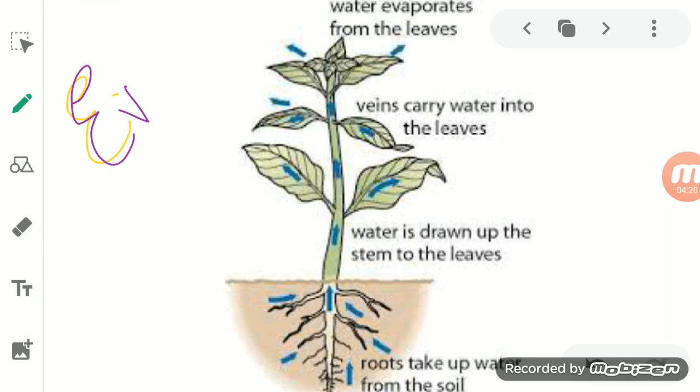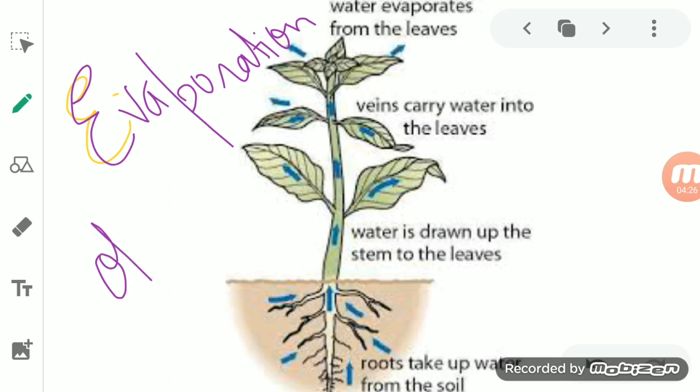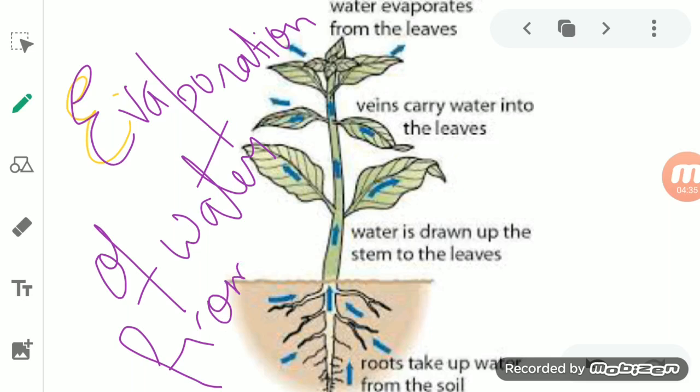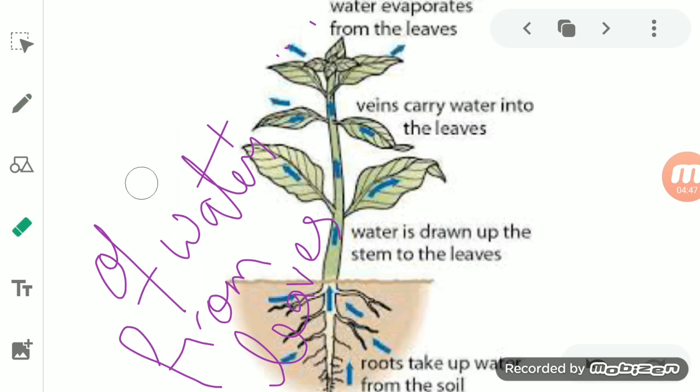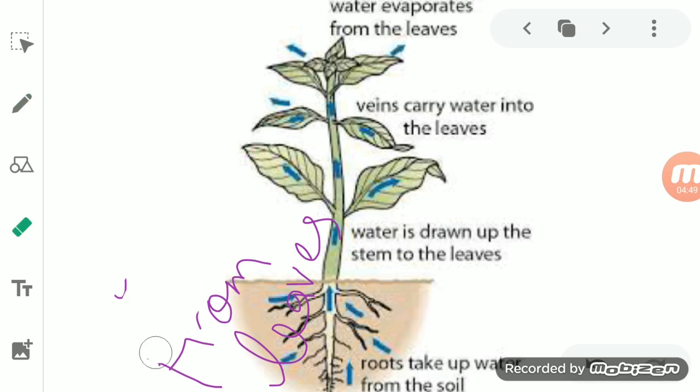It is evaporation of water from leaves. So evaporation of water from the leaves of the plant is called transpiration. You can see this in the picture itself.